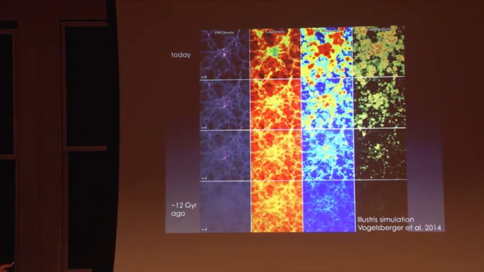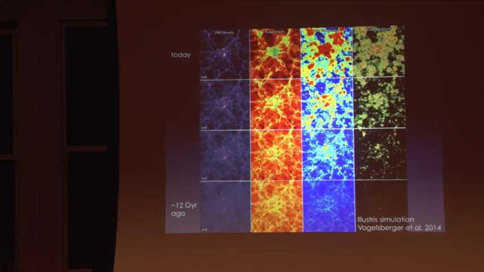Okay. So here are some examples from some well-known simulations that some of you may have heard about. This is showing results from the Illustris simulation, which was carried out with a code called Arepo, which is a moving mesh code. Okay, so it's a grid-based code. It's very, very clever. So the cells move around to track where the matter is.